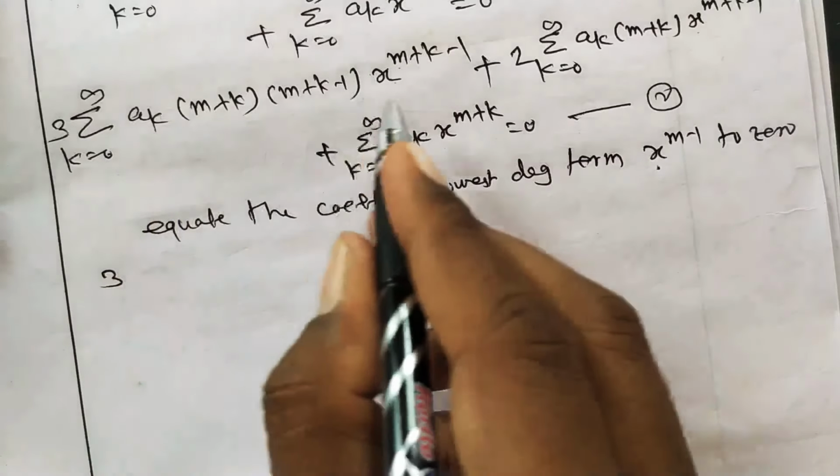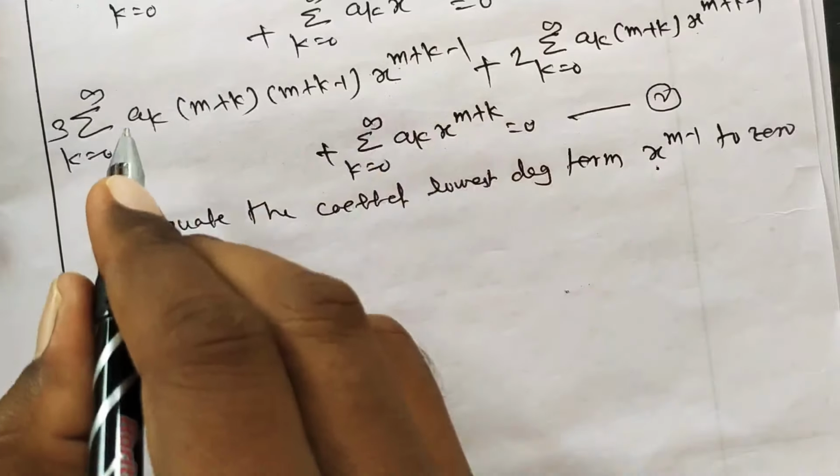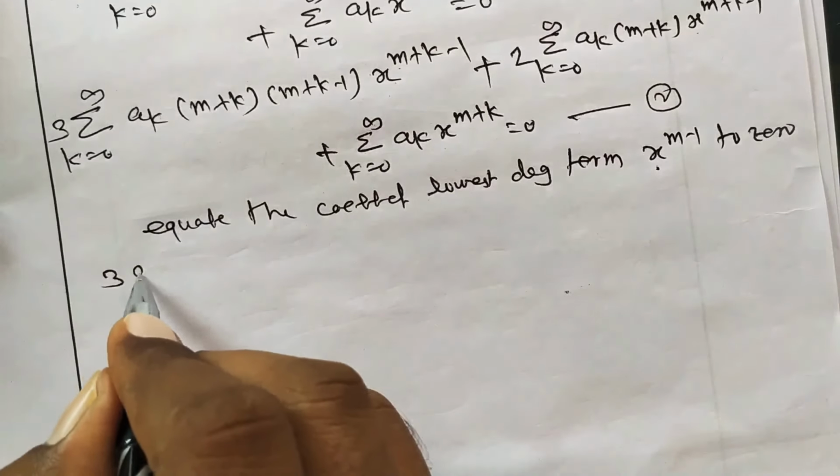For k equal to 0 we get x raised to m minus 1, so we have to put k equal to 0. So 3 into a0.